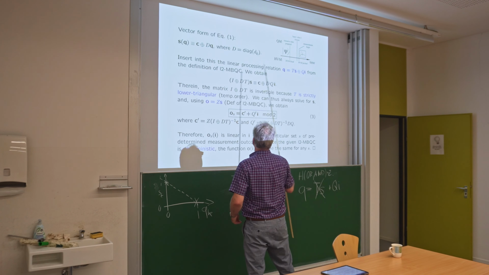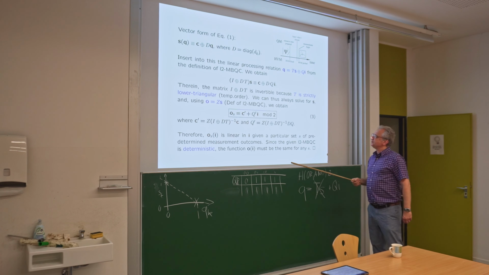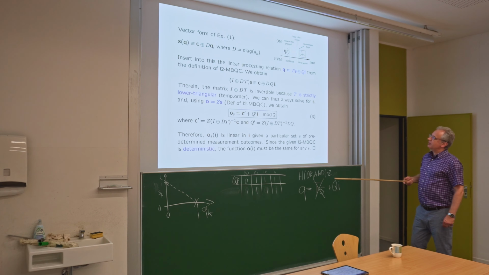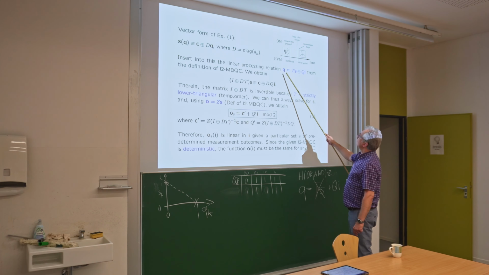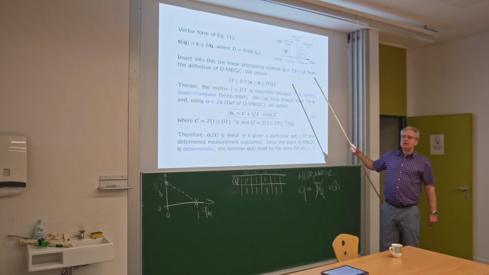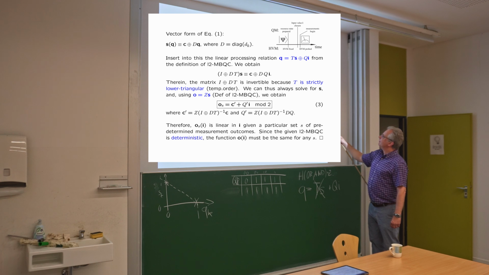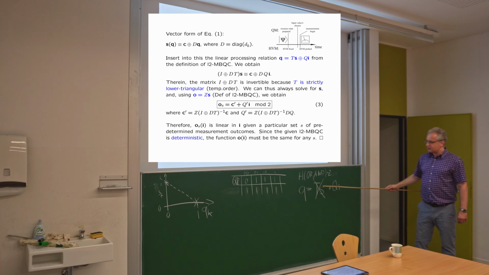And now we operate with these, so we're getting the same equation. You've seen this before. It's what we had before, but now in vector form rather than component-wise. And now we want to operate with this and with the linear processing relation for the adaptation of measurement basis. Exactly what we did last time, except now the relation is more complicated because this term no longer vanishes.